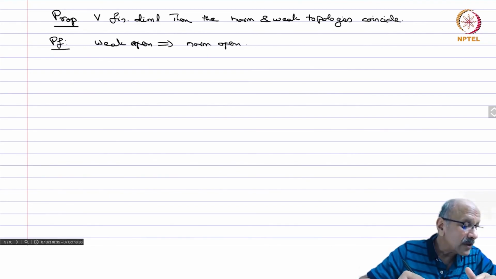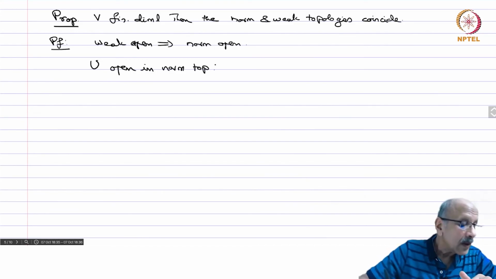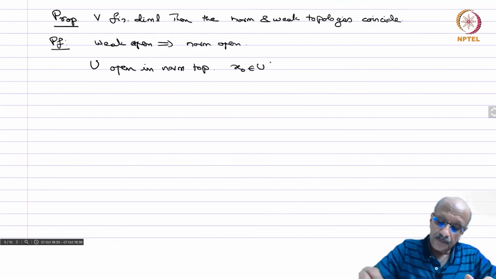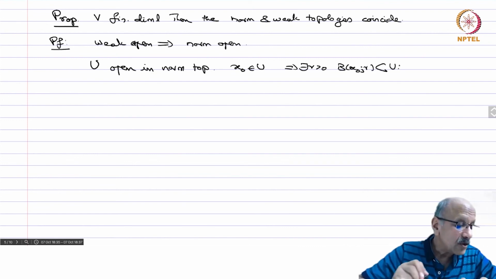So now let us take U to be open in the norm topology. So let x naught belong to U, and then there exists an R positive such that the ball with center x naught and radius R is still contained in U.